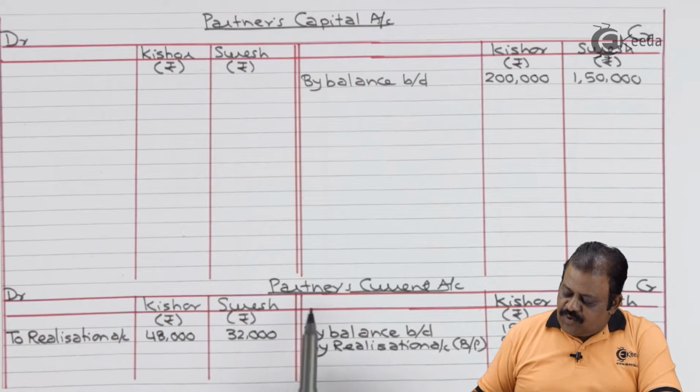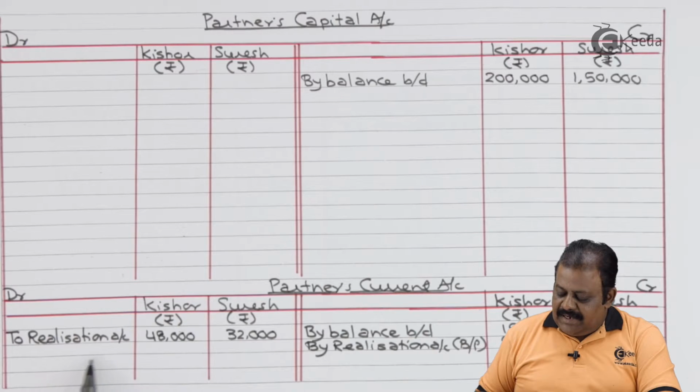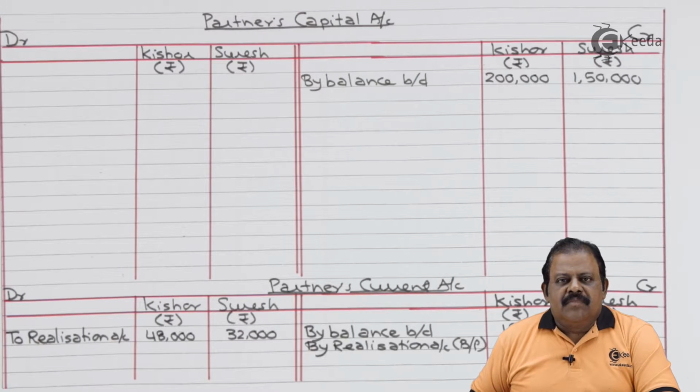Realization loss is transferred to partners' current account, debit side, to realization account. Kishore 48,000, Suresh 32,000. Now partners' current account will be closed and balance will be transferred to their capital account.